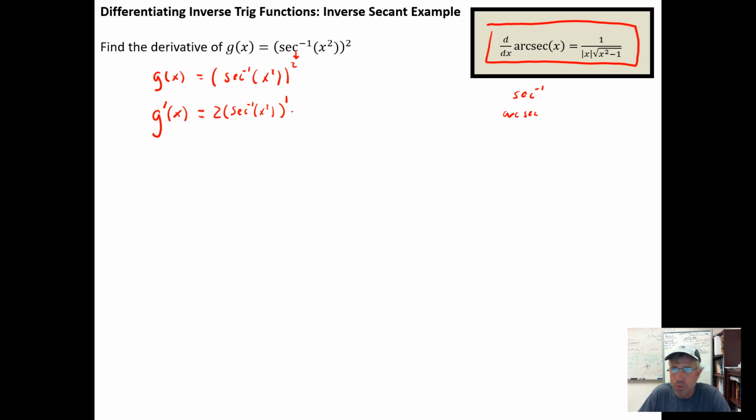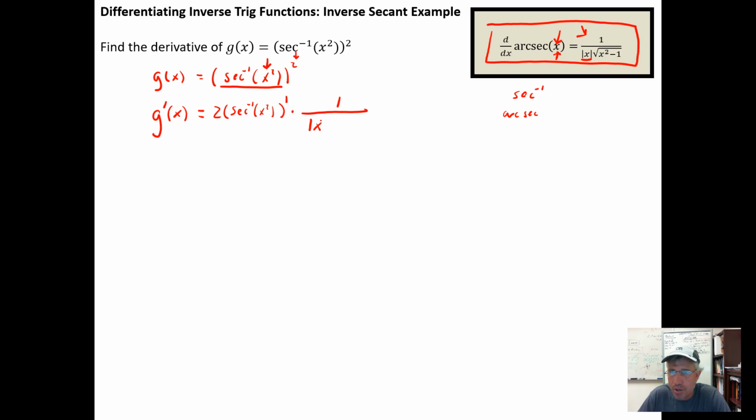And then by the chain rule, we're going to go times, and then we have to take the derivative of the function that's directly inside of the squaring function, which is the secant inverse. So that's going to be this guy right over here. So we're going to get times 1 over the absolute value of the stuff inside the arcsecant function.